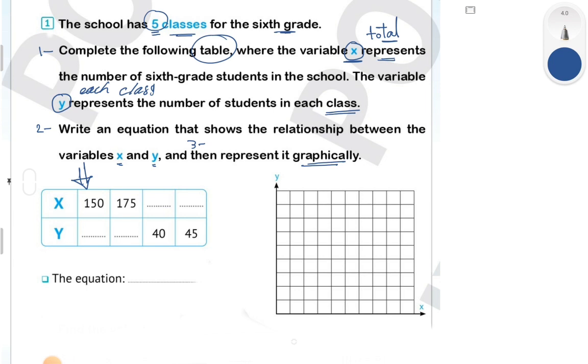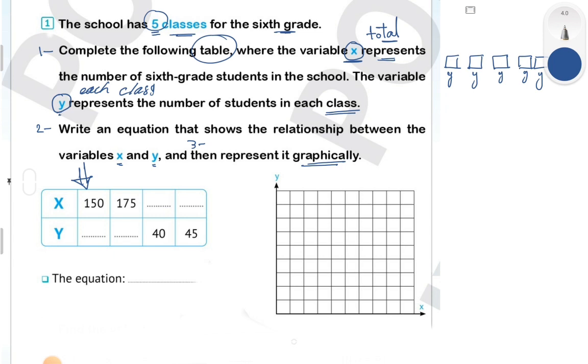First, I have 5 classes: 1, 2, 3, 4, and 5. The number of students in each class is y. So I have here y students, y, and y.